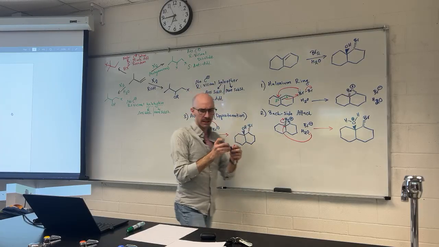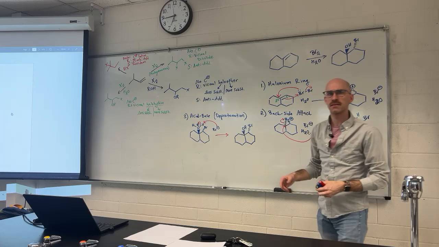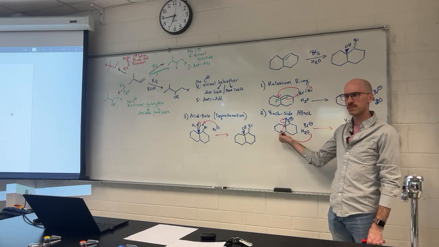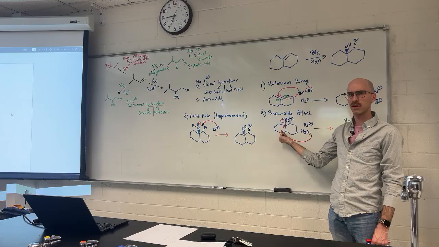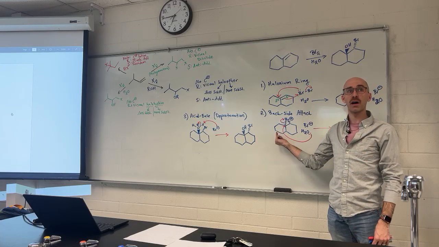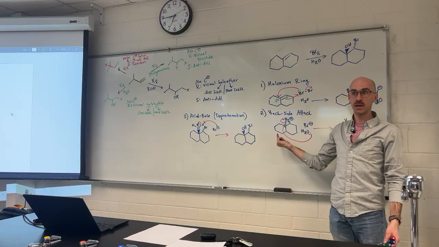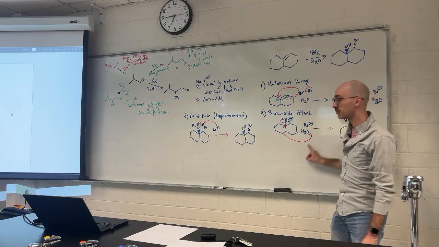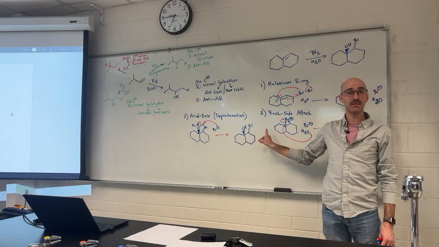I'm not sure that I answered this. I might have skipped it too fast. Why did water attack the more substituted carbon? Oh, I think I did answer it. Better partial positive. More substituted, more positive, more willing to be attacked by a partial negative.